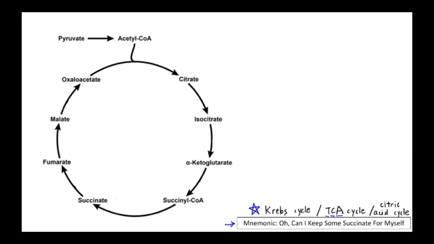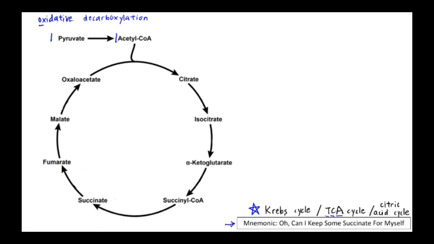Before we look at the Krebs cycle, let's recap on the link reaction. During the link reaction, one molecule of pyruvate will become one molecule of acetyl-CoA after pyruvate undergoes oxidative decarboxylation.